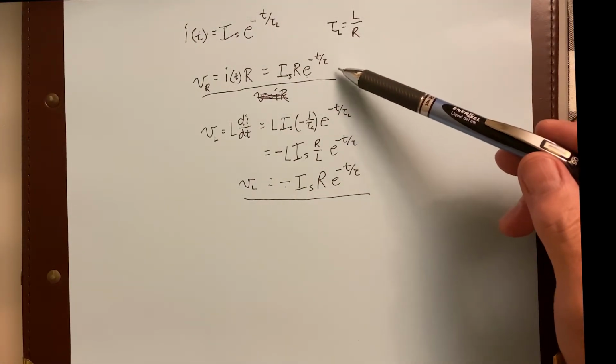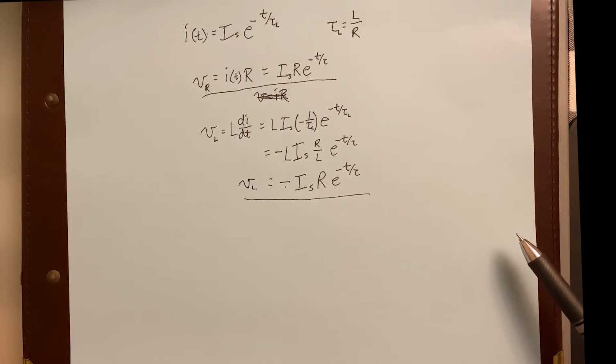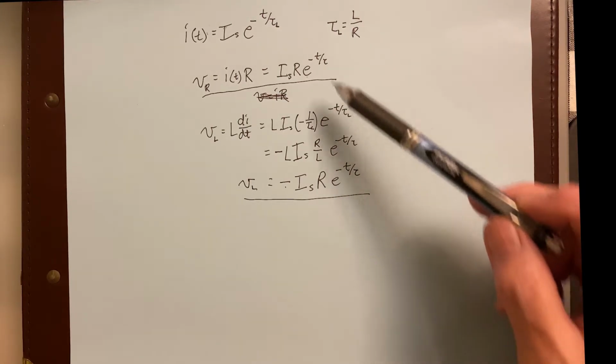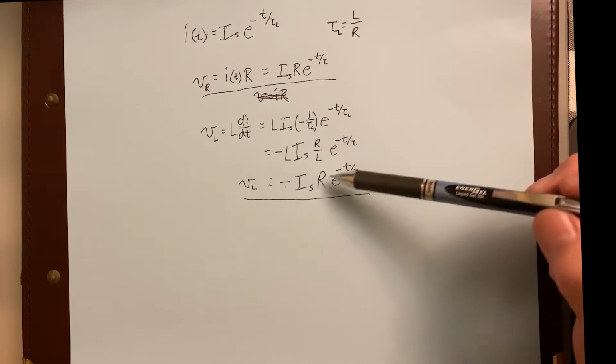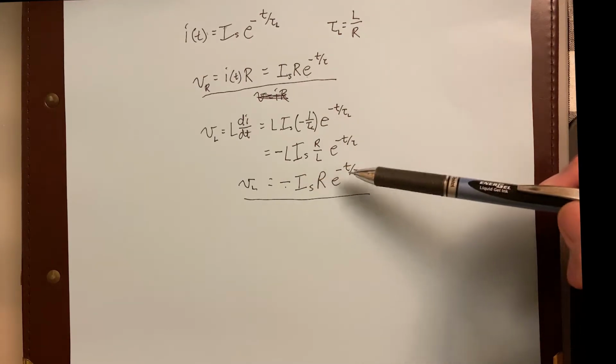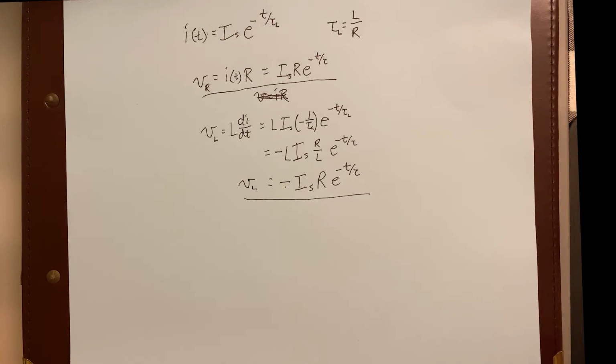So in other words, as the resistor dissipates away energy, its voltage decays, and the inductor's voltage decays at the same rate, except its voltage is negative, and that's so that the two voltages, when added together, equals 0.